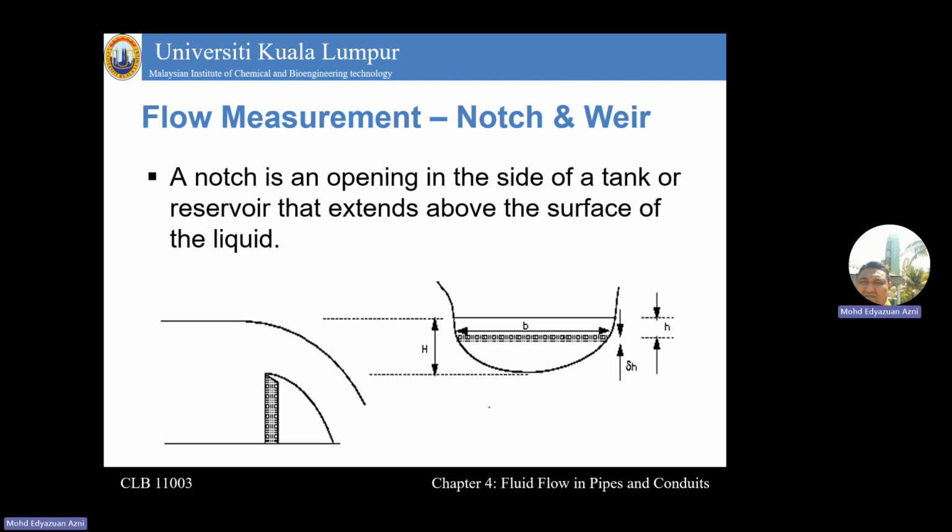So for example, we have this as our river or our pipeline, and then we have this one gate over here going upward, so not all the water will flow, only the top part of the water will flow.